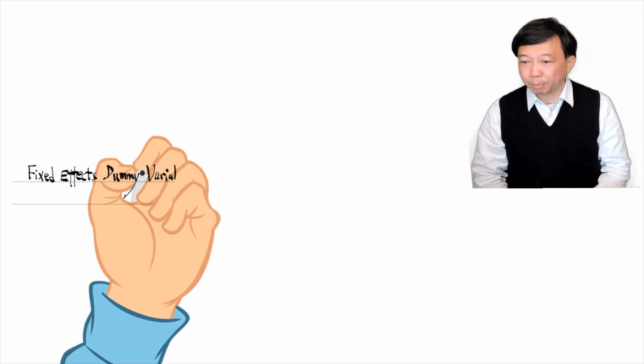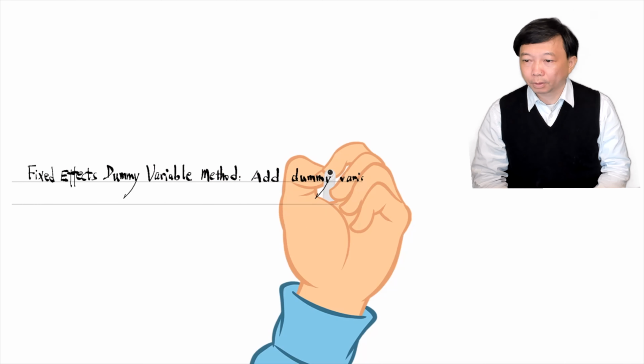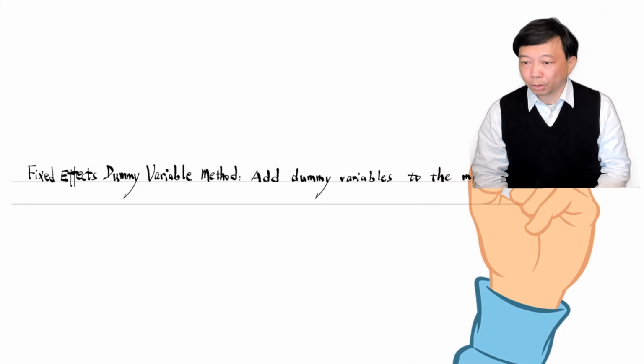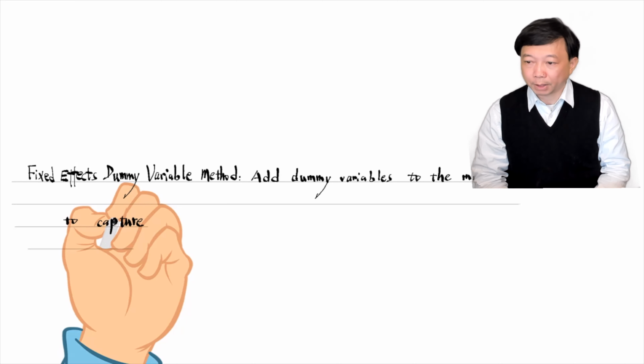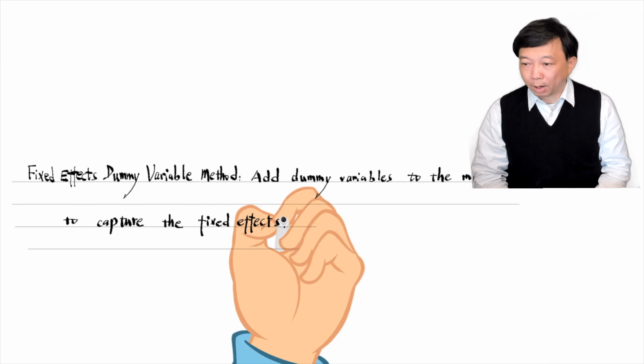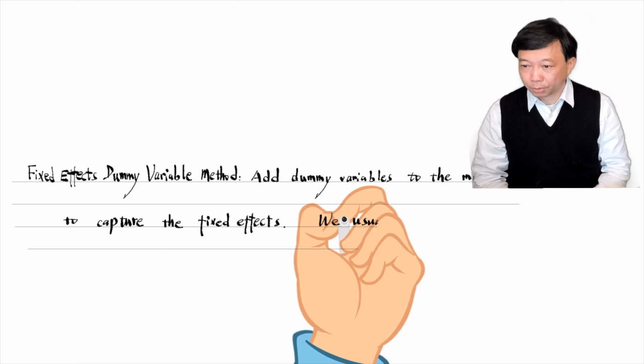The third method is the fixed effect dummy variable method. It adds dummy variables to the model to capture the fixed effects. For N individuals, we add N-1 dummy variables to the model, and they will be estimated along with the betas. It is not practical for a large number of individuals, but it works well to capture the time fixed effects.